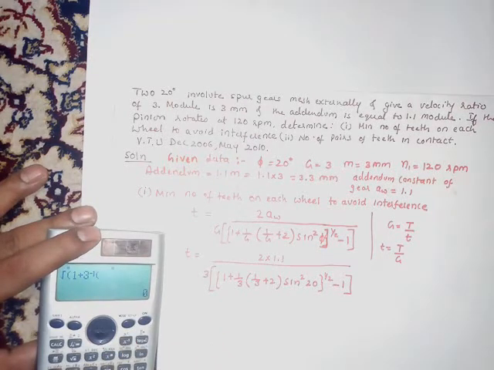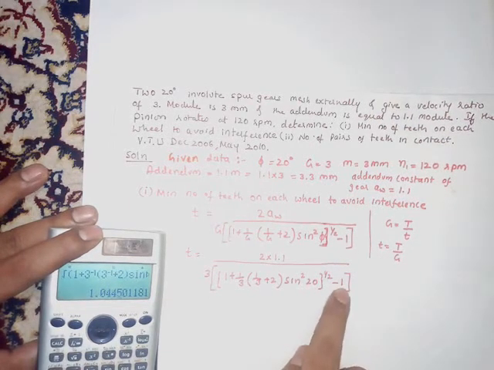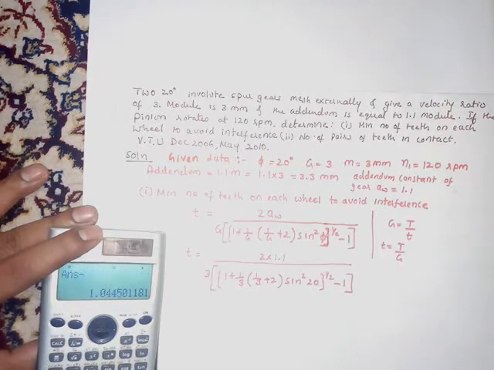So I'll write it as 1 plus 3 inverse into 3 inverse plus 2 sine 20 square. So this is the value under the square root. Minus 1 is this, so I'll do minus 1, I'll get this.